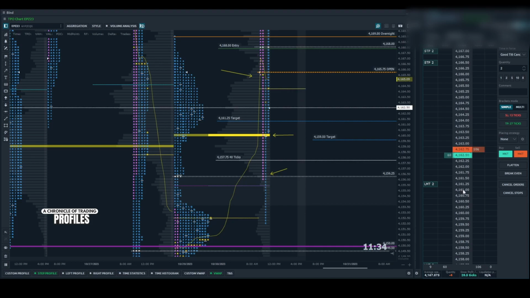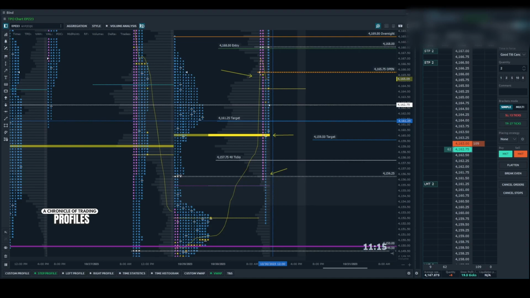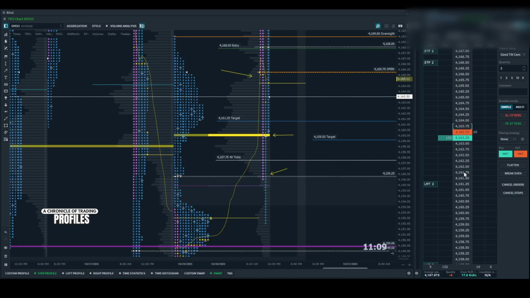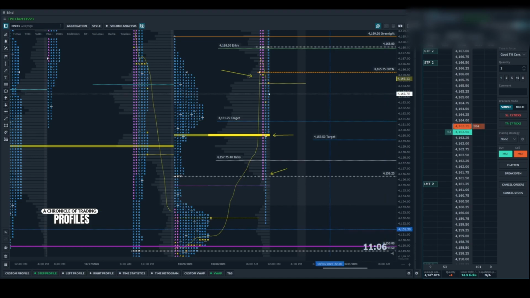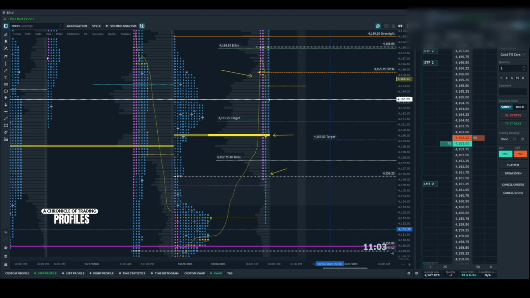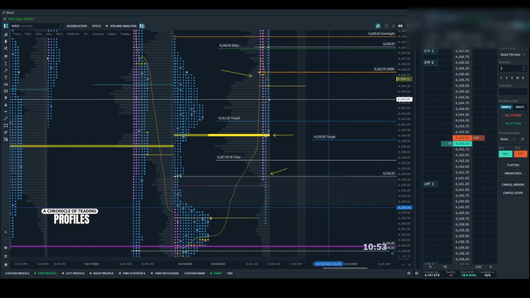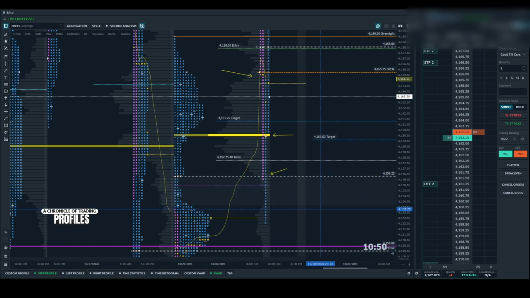At this point, if it gets close, I decided I'm going to take those first two. This is also where it comes into play that these aren't hard targets, so you don't want to cut your trade short, but you're just putting a mark on the chart.